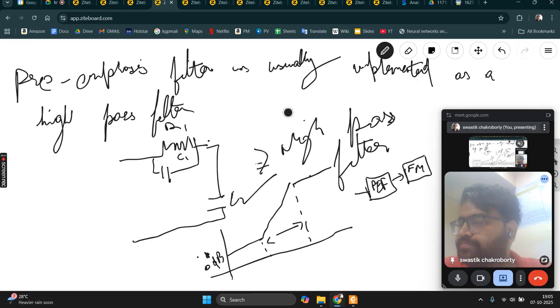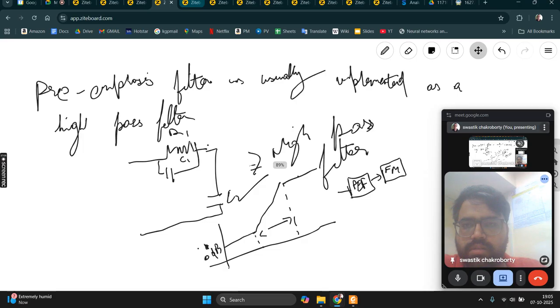If the noise is not so strong that it can completely cancel the effect of pre-emphasis, then we have to do a de-emphasis to remove this effect of pre-emphasis.